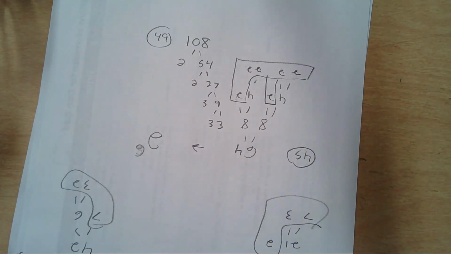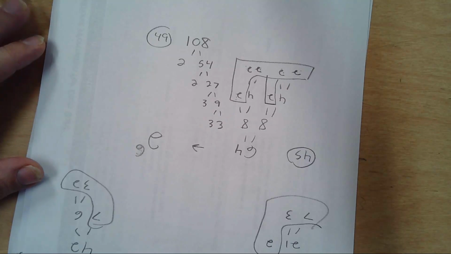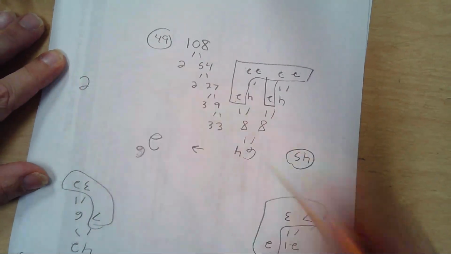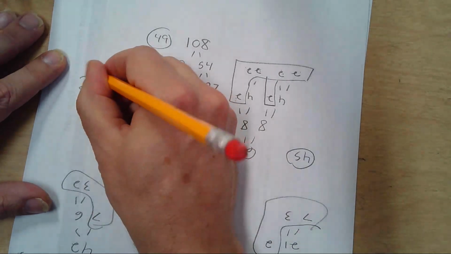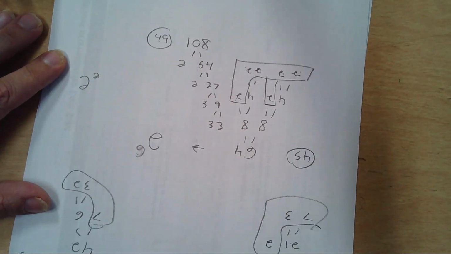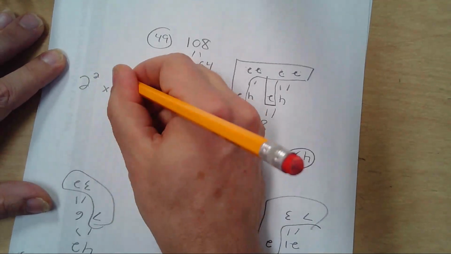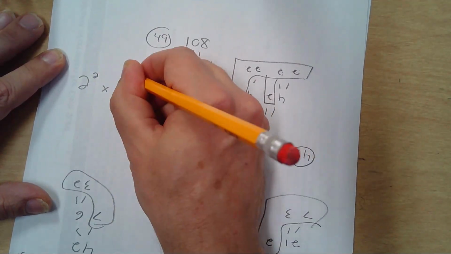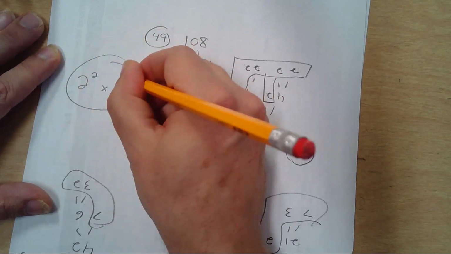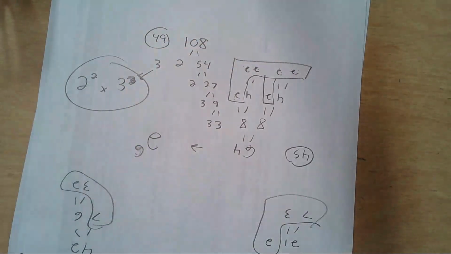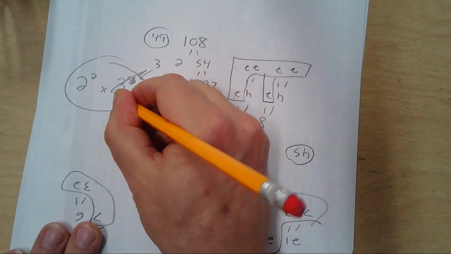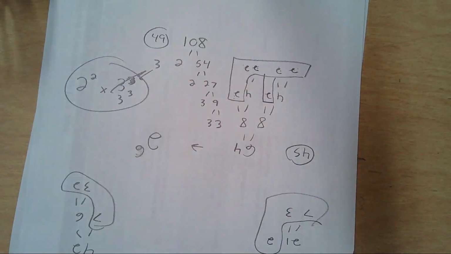And then it's 2 to the 2 times 3 to the 3. That's it. 2 squared times 3 cubed. Bada bing, bada boom. Questions?